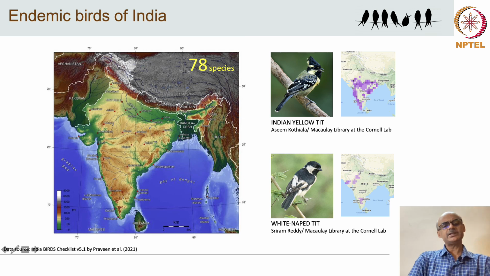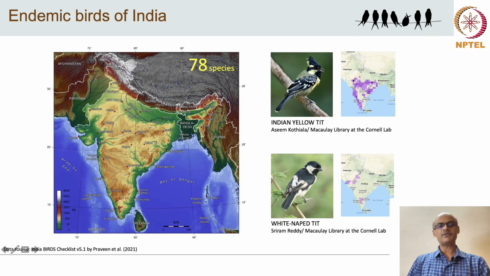So out of 1341 species of Indian birds, 78 species are actually endemic to India, in the sense of the political boundaries of India. Of course, endemism is a concept that's really applicable to a biogeographic region or a distinct geological or geographic unit like an island or a particular mountain chain, like birds endemic to the Western Ghats or something like that.